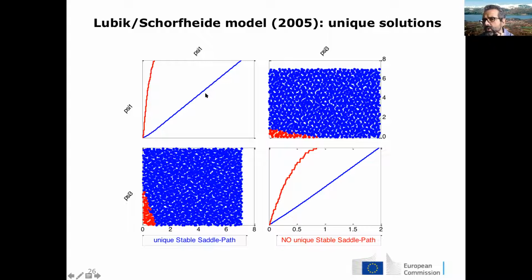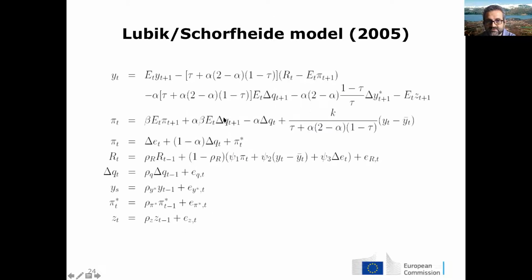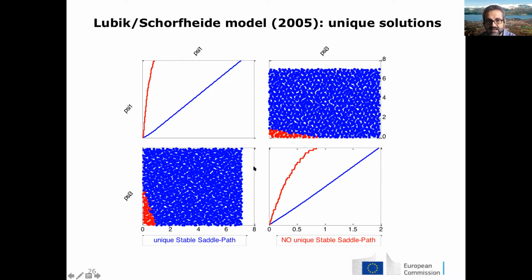So we know that there is a Taylor principle. Typically, the Taylor principle says that there is a unique solution, so no indeterminacy, if psi1 is bigger than 1. Here, it is actually a bit more general.